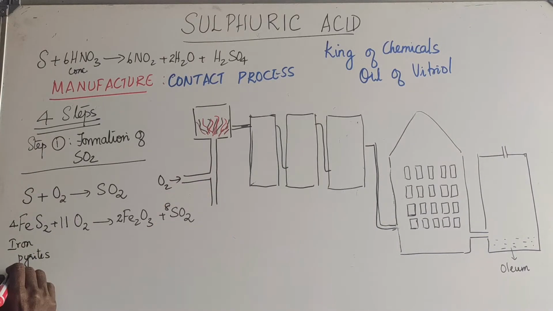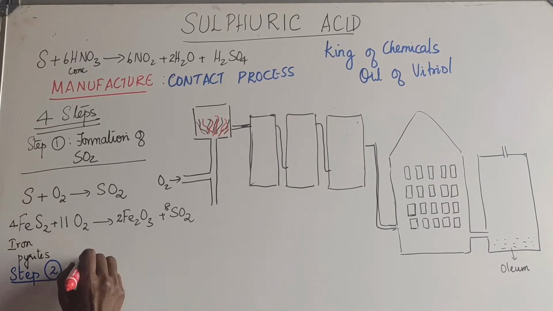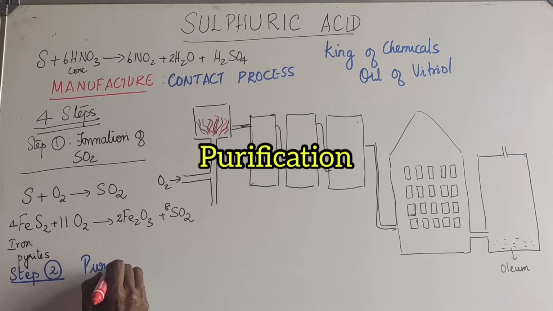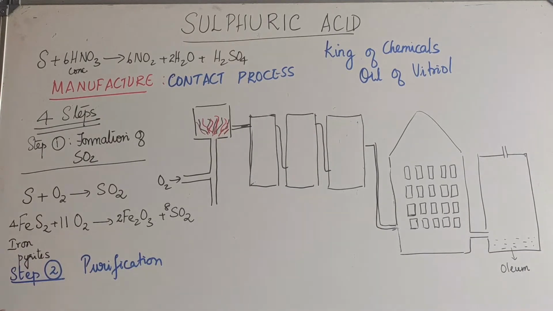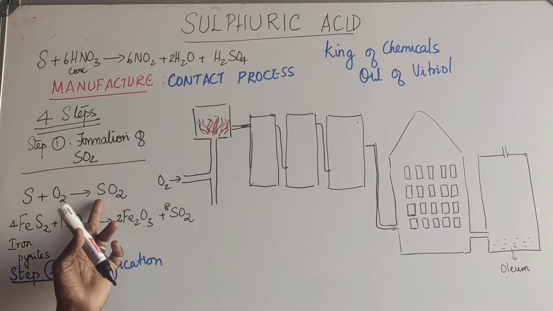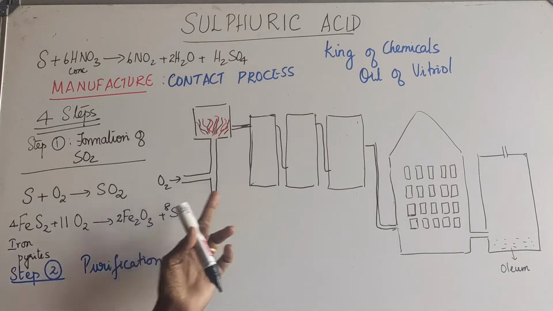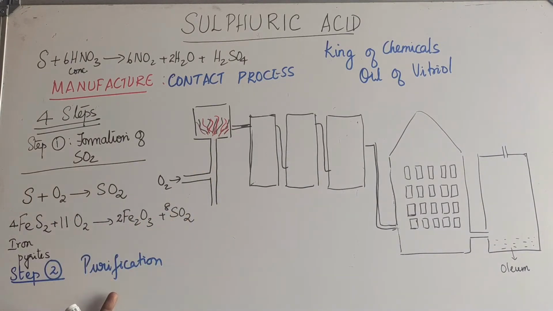Next we move on to step 2. This step 2 is purification. Both are gases. Sulfur dioxide is there, oxygen is also present, and it has to be purified.